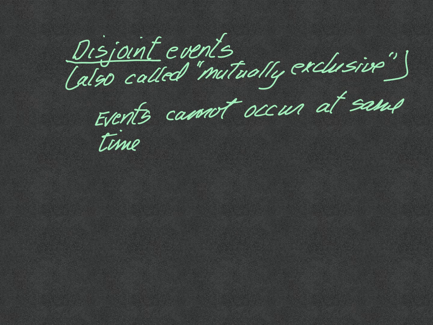So those events cannot occur at the same time. Another term for this is mutually exclusive. So if you hear me use it, I mean disjoint. Okay? So these events have nothing in common. They can't occur at the same time. They're disjoint.